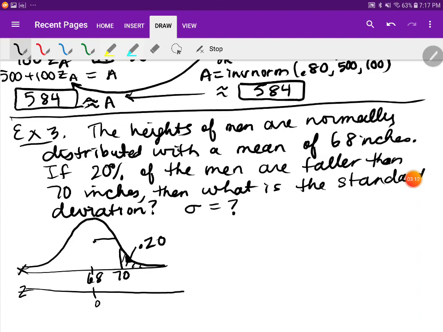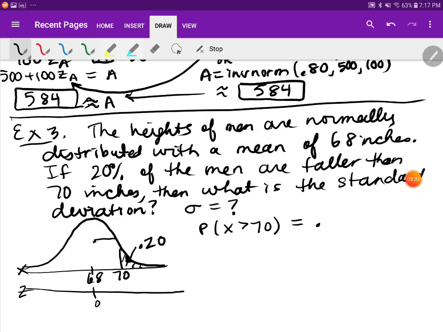If we try inverse normal on the calculator, we can't give it an a value, so we'd be stuck. But the way that I showed you works the same way. First, you can write the probability that x is greater than or equal to 70. It says taller, so we'll just use greater than.